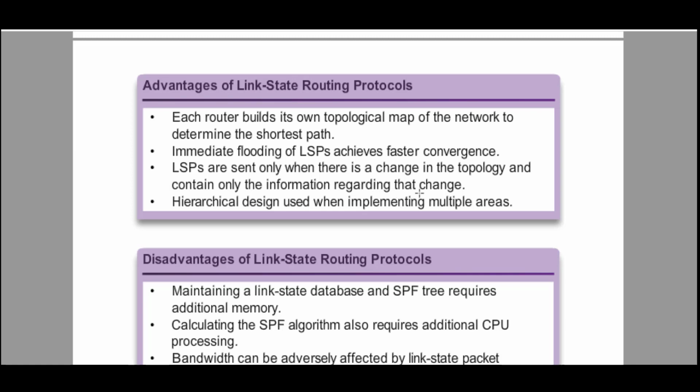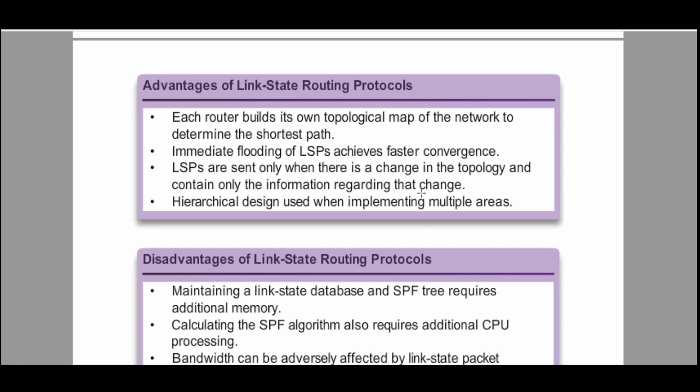Suppose there is any problem in your topology, every time we are not going to send LSPs. Only the first time every router is going to send the LSP. After that, if any problem happens to that router, if any network is down or any network is added, only in that case will the LSP be sent again.